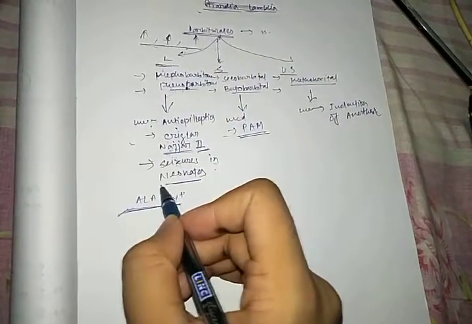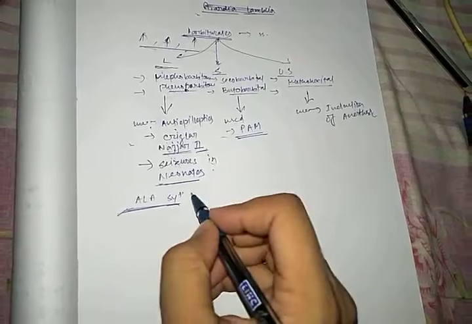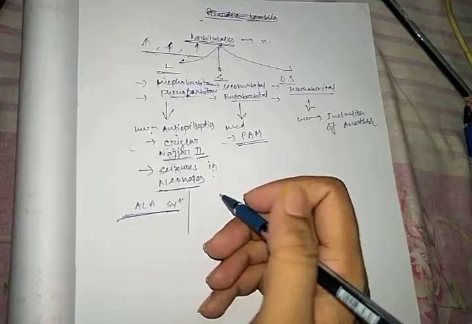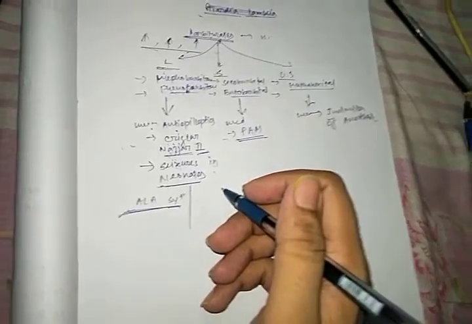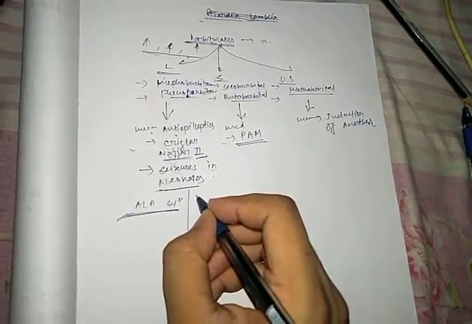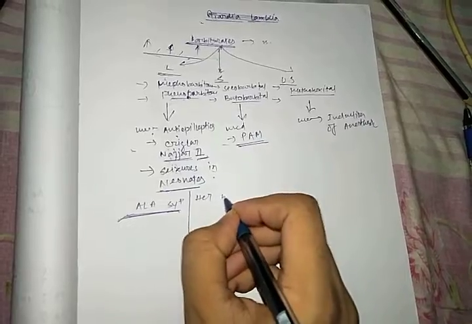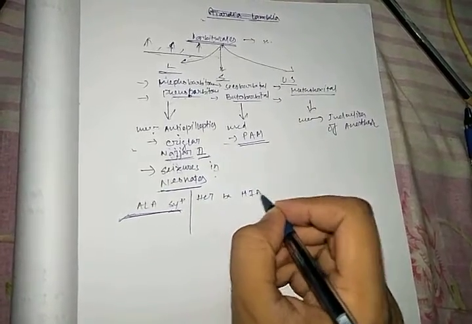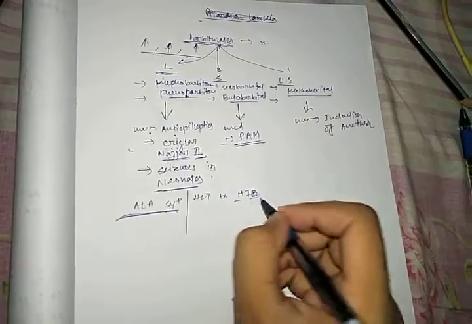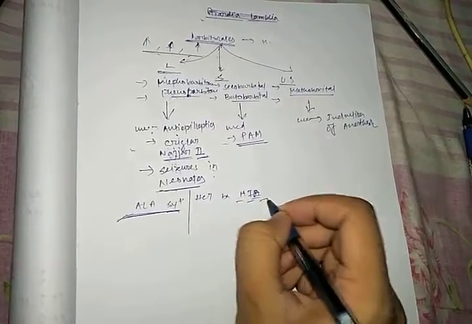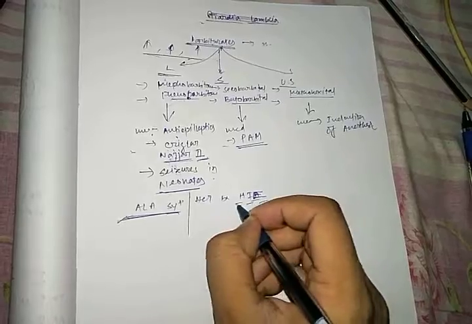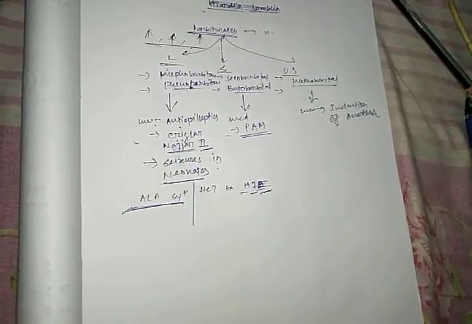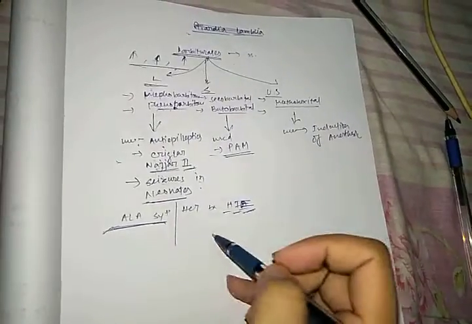And seizures in neonates, what happens here? Sometimes patients come to you and tell you that her baby has HIE, that is hypoxic ischemic encephalopathy, right? So what does phenobarbital do here?